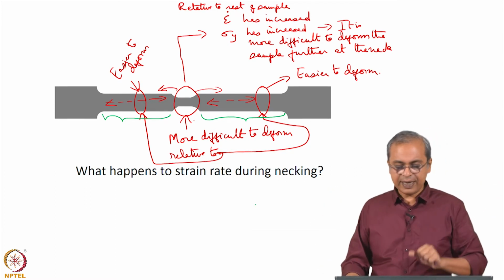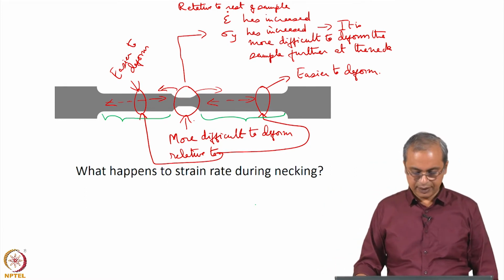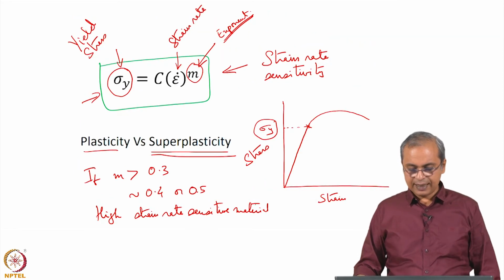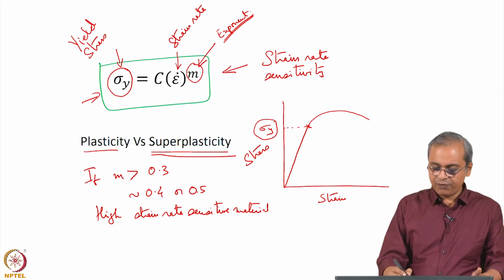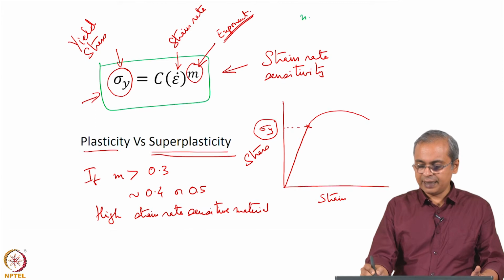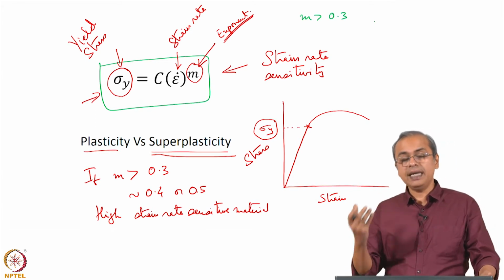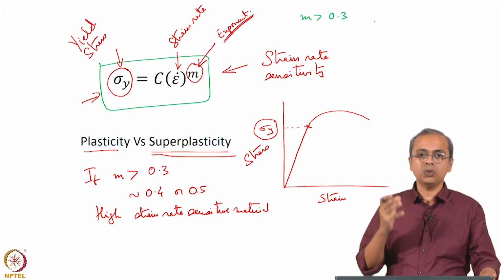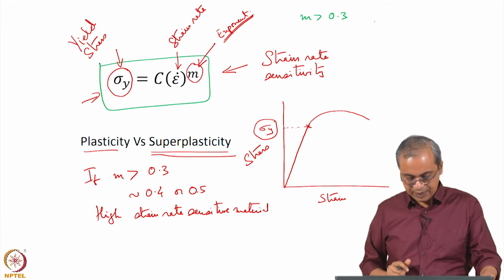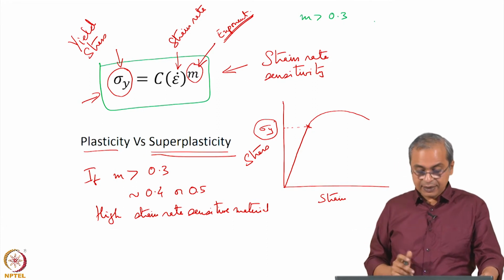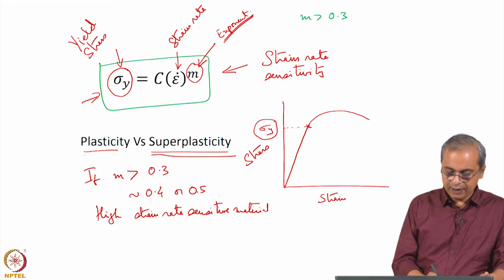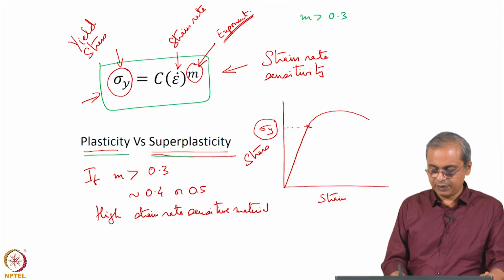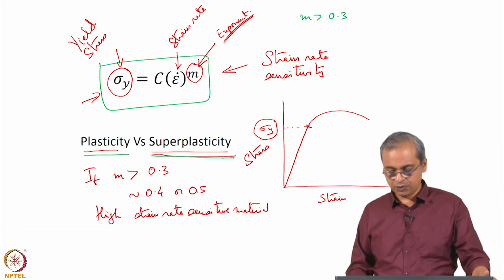So, that is the reason why the strain rate sensitivity index is very important, and that is why a value of m greater than say 0.3, 0.4 begins to indicate that the material is suitable for superplastic deformation, and that is the real difference between plastic behavior and superplastic behavior. That is the fundamental aspect associated with this.